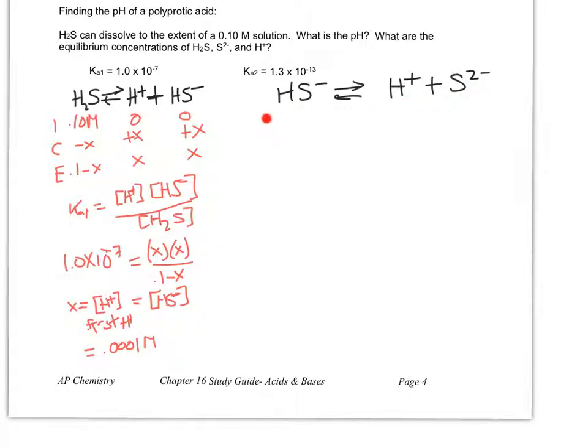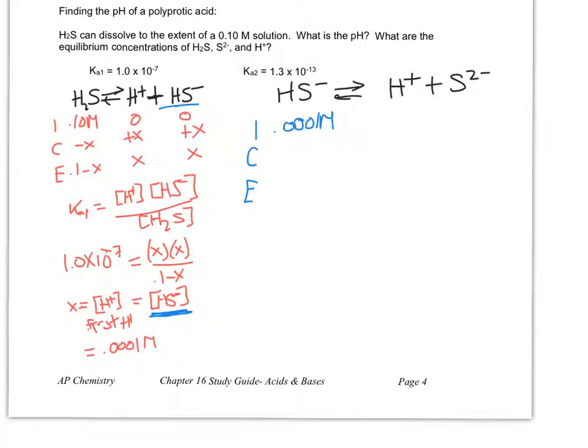So I'm going to make a new ICE chart for this one. And my HS minus starts out as 0.0001 molar. I got that from here.